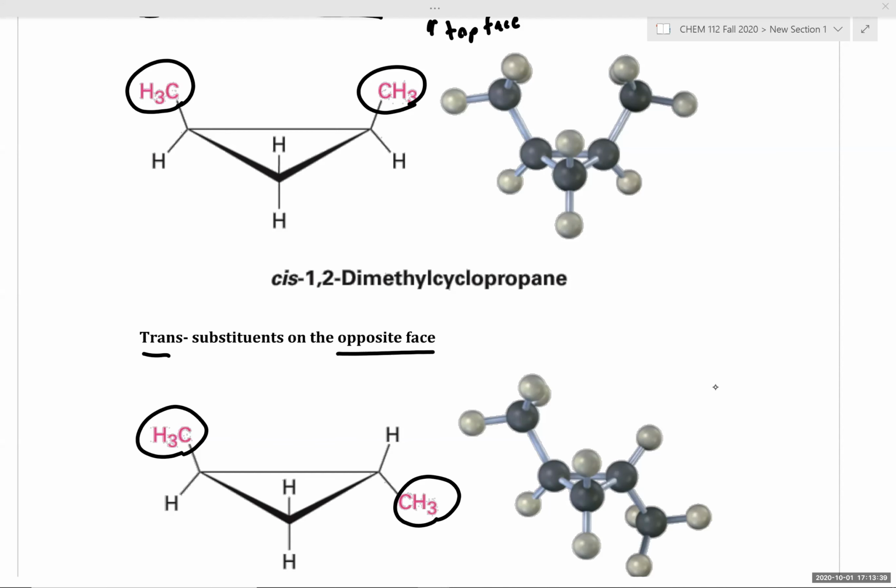Looking at these two molecules, is the shape the same or different? If we look at our 3D depiction, it's different, exactly. So stereoisomers have the same formula, the same connectivity of atoms, but they have a different three-dimensional shape. Does that make sense to everyone?